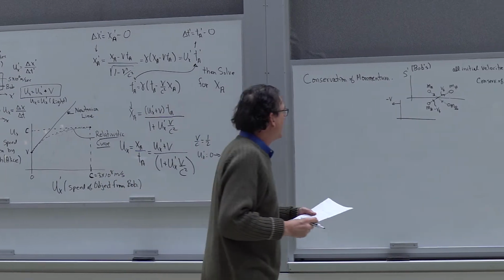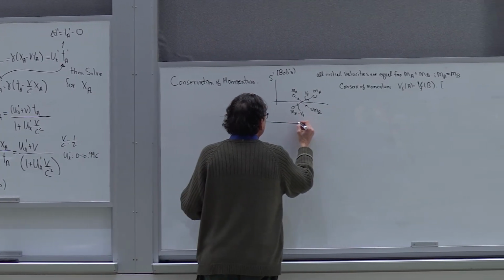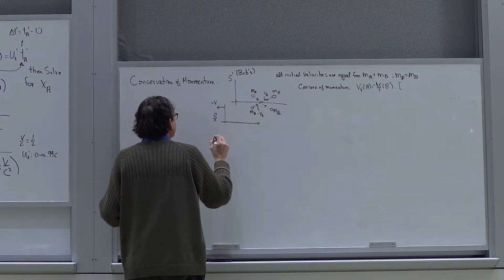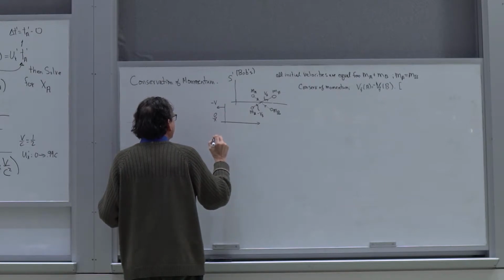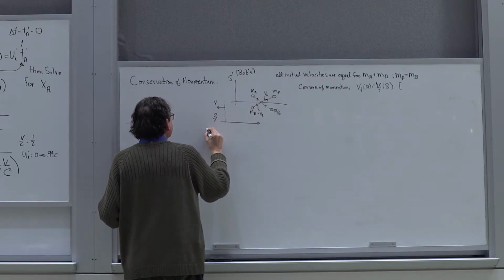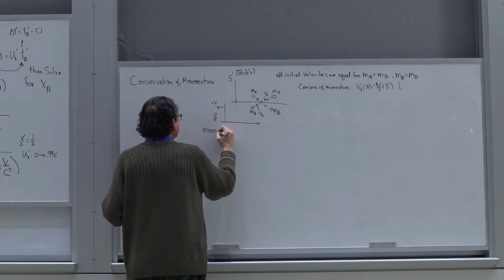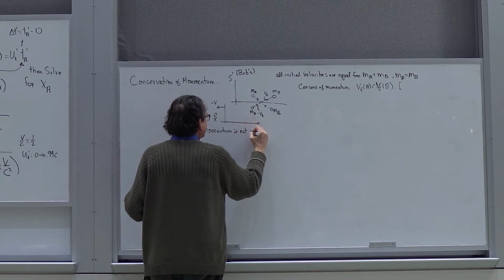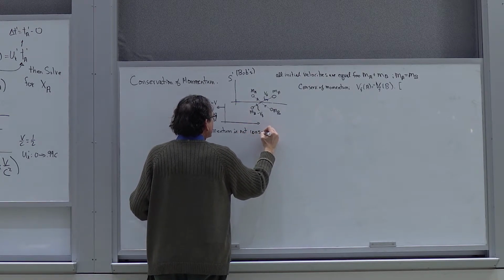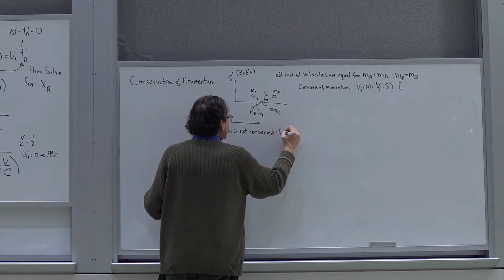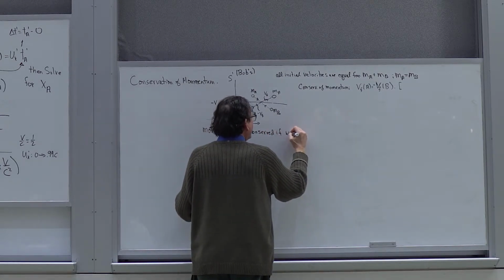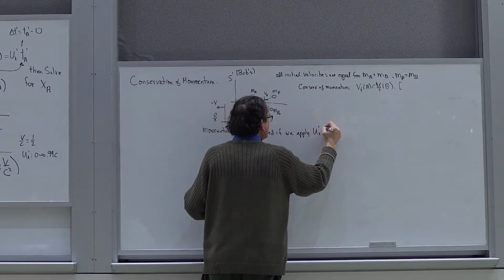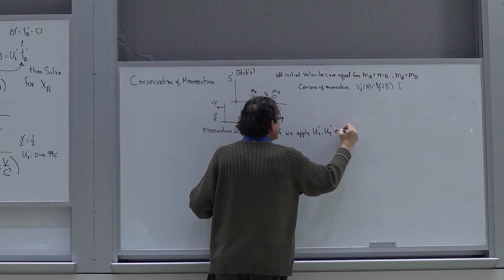Now, the problem came in when we do the analysis in Alice's frame. Then the problem comes in that we can show that momentum is not conserved if we apply the ux prime and uy prime equations, the ones we just did, right?